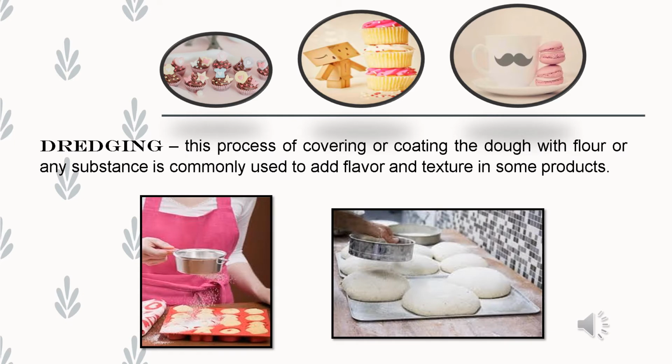Dredging. This is the process of covering or coating the dough with flour or any substance commonly used to add flavor and texture in some products. Some of the coverings used in dredging are sugar or flour.